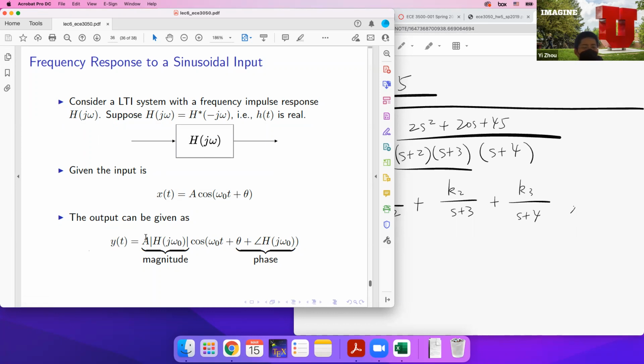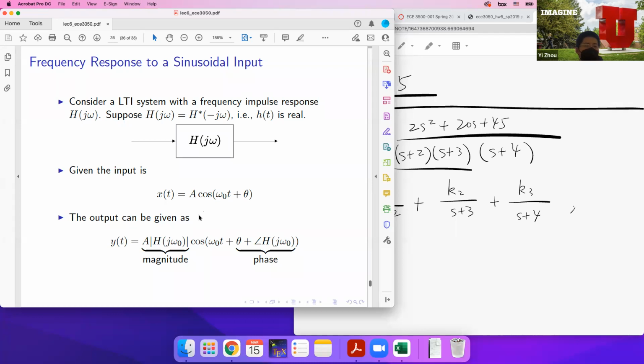The output takes a similar form as the input signal, with the difference that, first of all, the magnitude A is amplified or scaled by the magnitude of the system response at this particular frequency. It is A times the magnitude of the response H evaluated at this particular frequency omega naught. Now this omega naught is the frequency of the input.